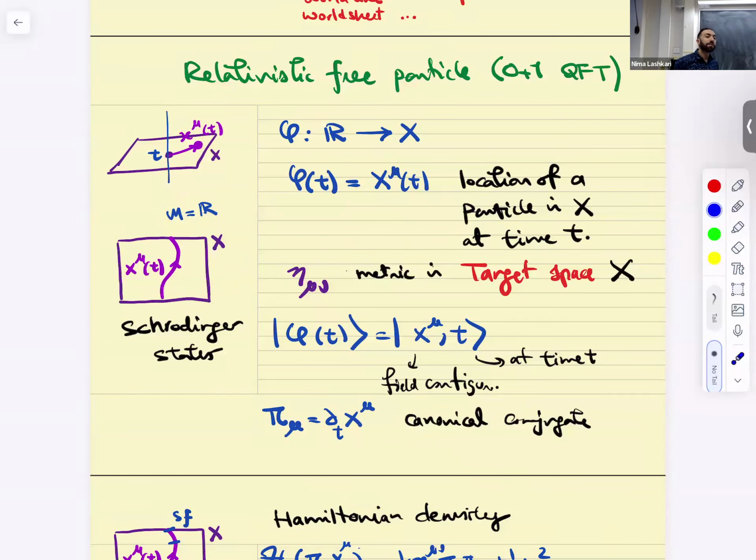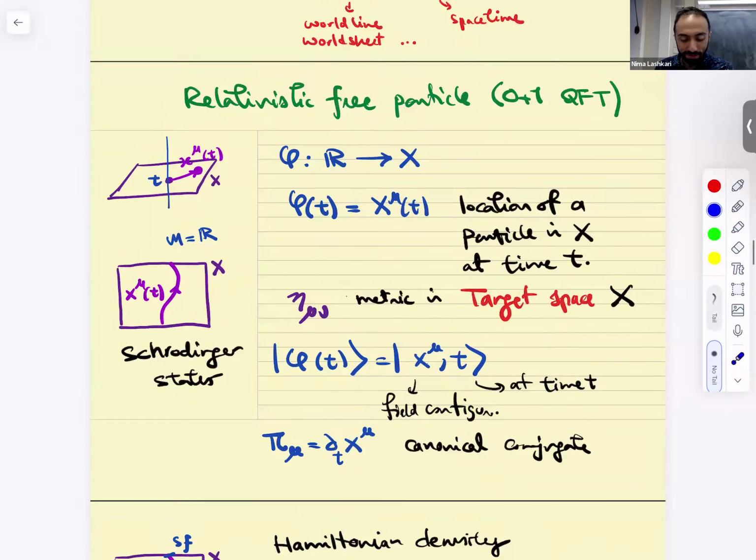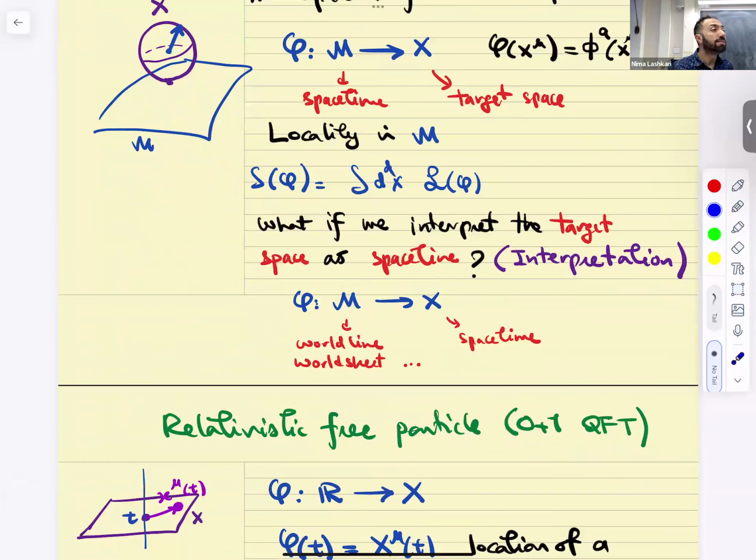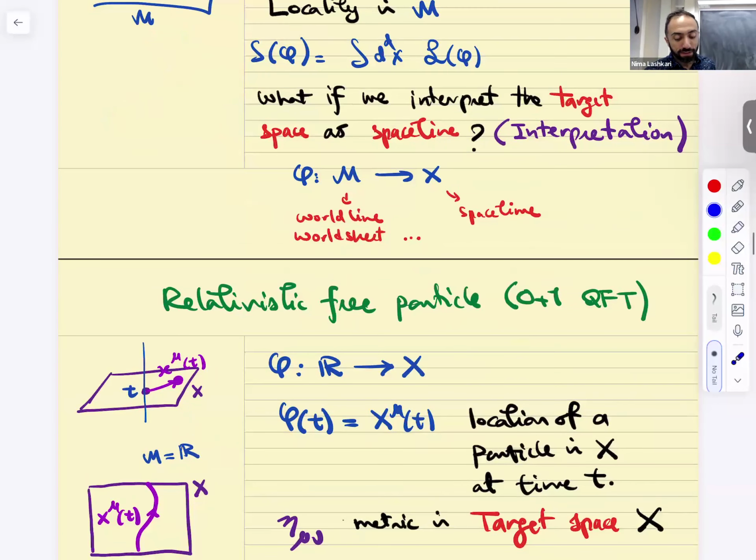It's nothing but a relativistic free particle. In 0 plus 1, M is a line, time, and I'm going to call that the world line, not surprisingly. Field is a map from R, a point on the world line that I'm going to parameterize by some t, to X, a point in space-time.